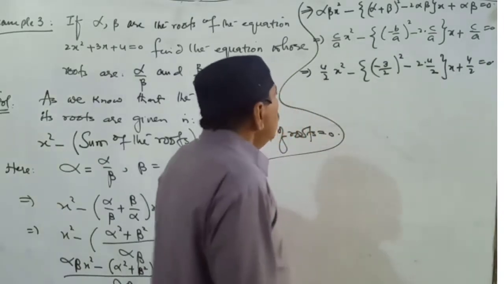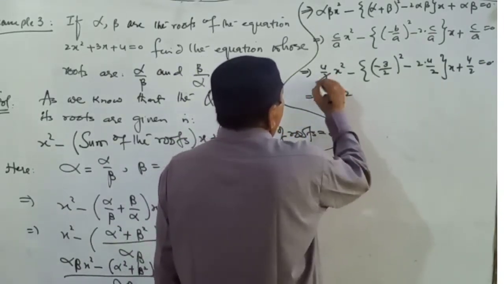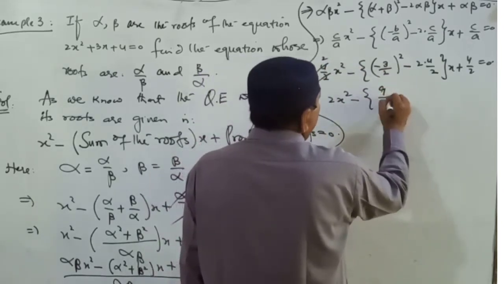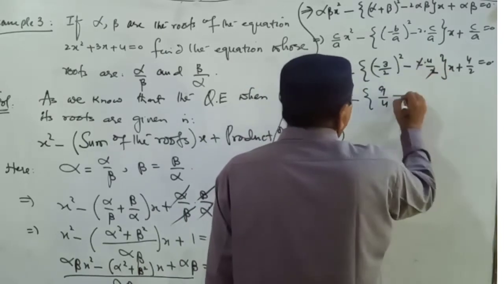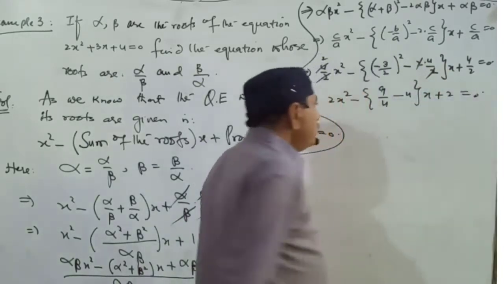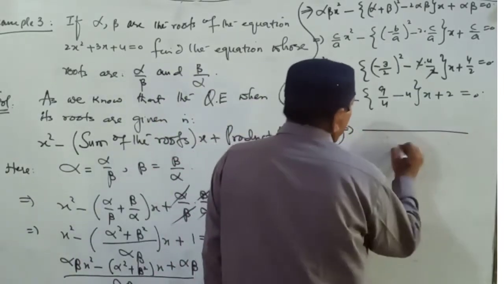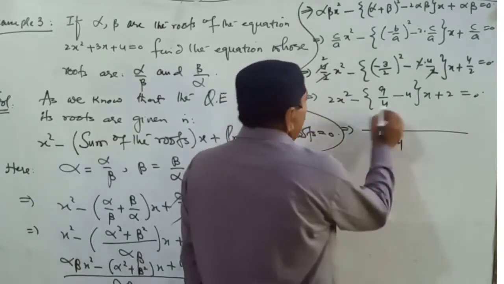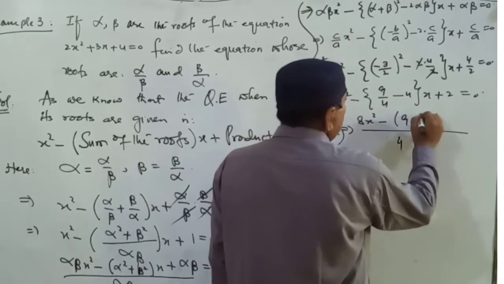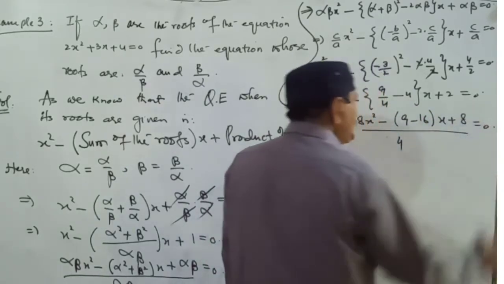So this will be 2x square minus (3 squared is 9 upon 4, minus 4) x plus 2 is equal to 0. 4 is the LCM. 4 times 2 is 8, so 8x square minus (9 minus 16) x plus 8 is equal to 0.